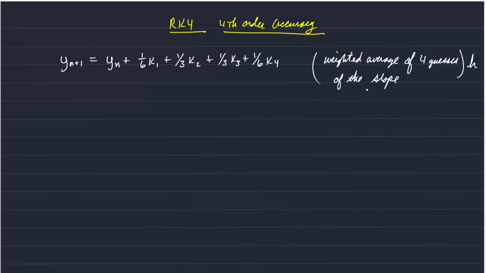So the second order method was a weighted average of 2 guesses of the slope times h. This is a fourth order method, so we're going to have 4 terms here. And the 4 terms are k1 is equal to f, the slope at the starting point, just as in the RK2, times h.